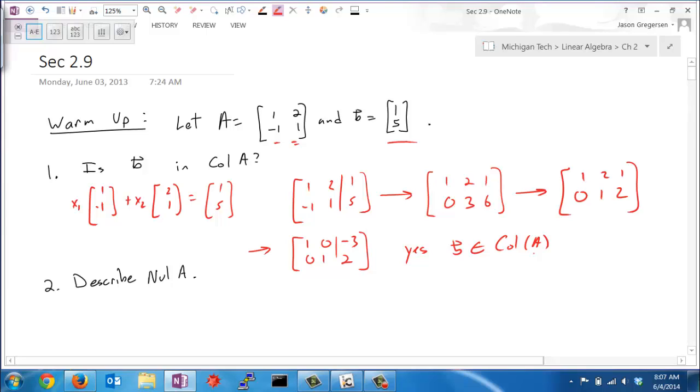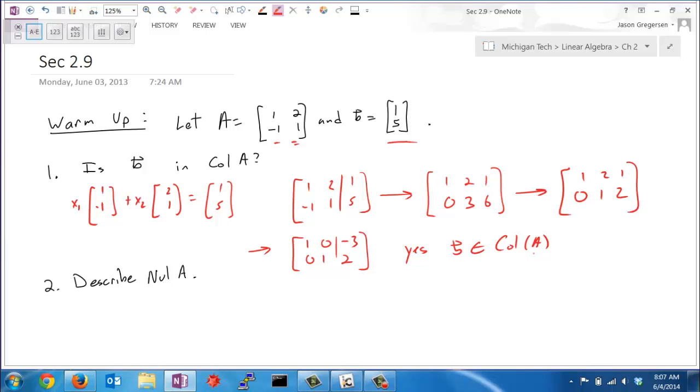Now, did I have to do all that work? Is there anything I could have done right away at the beginning to confirm that it was in the column space of A? I think we're going with R2, right?